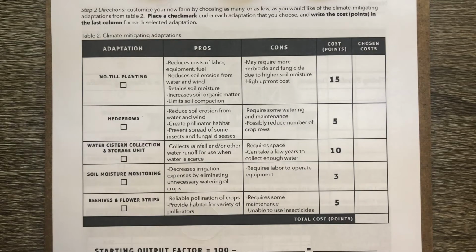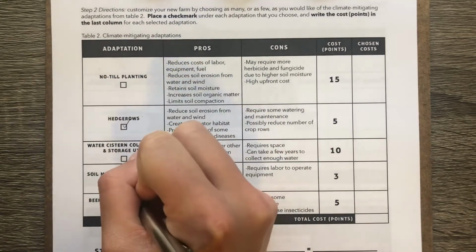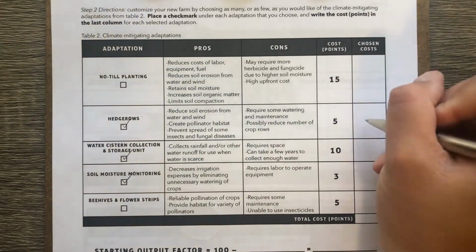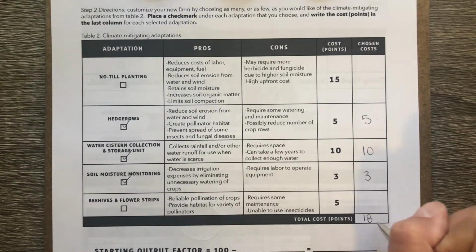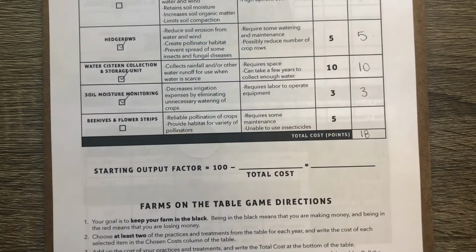Students can choose as many adaptations as they want, but there is a cost associated with each. Depending on weather conditions, they may save money in the long term. Students will place a check mark under the ones they choose, write the cost in the last column, and add up the total cost. They will then calculate the starting output factor.